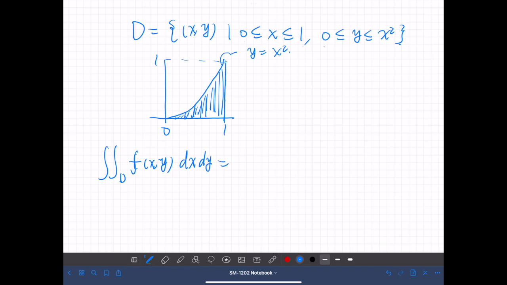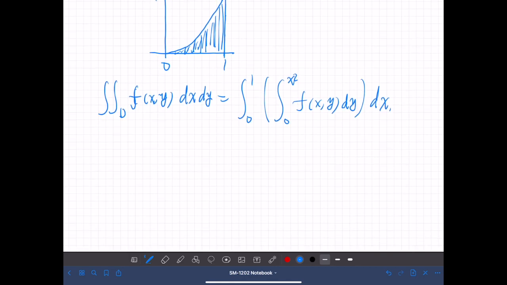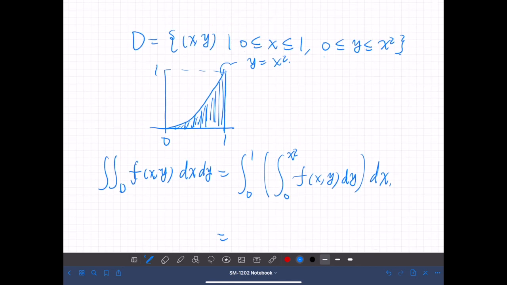then we could either integrate first with respect to y, then with respect to x, or this curve can be equally expressed as x equal to the square root of y.